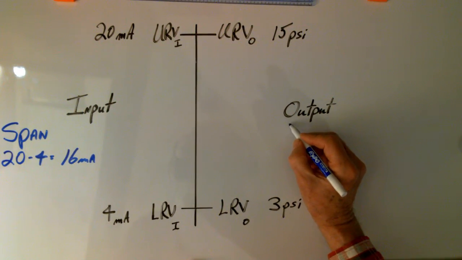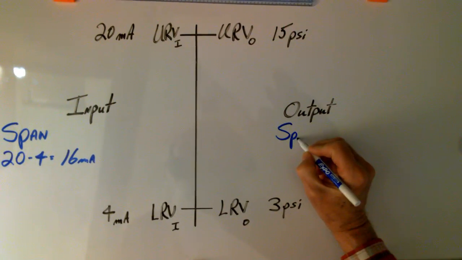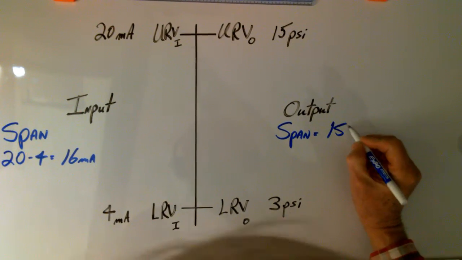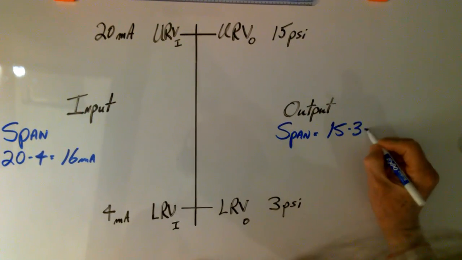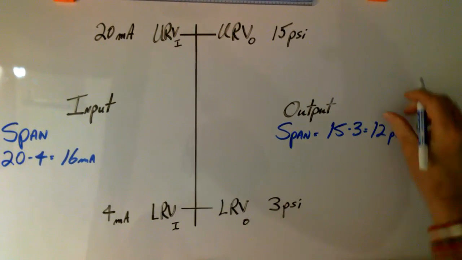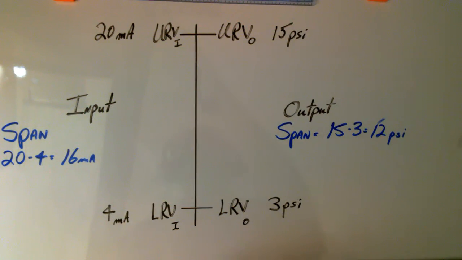Output side, span is equal to 15 minus 3 is equal to 12 psi. All right.